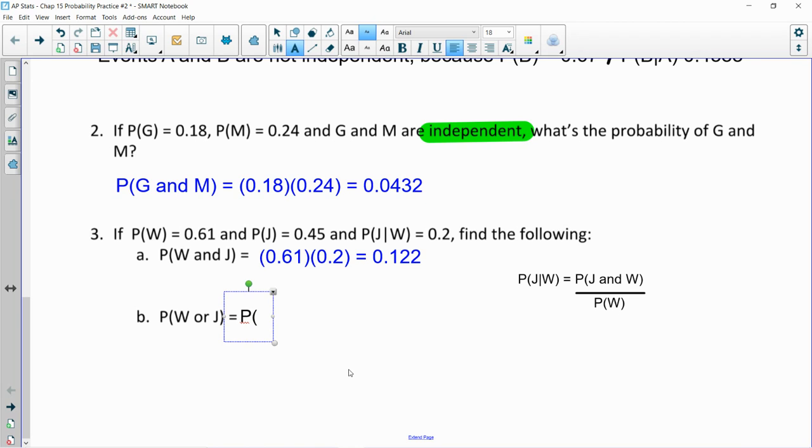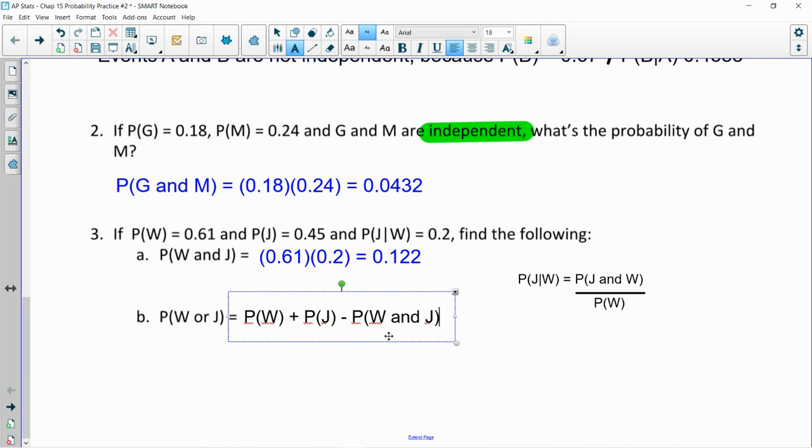It's the probability of the first event, so it'll be W, since W comes first here, plus, which is traditionally our operator for ORs, the probability of the second event. But then we have to be careful and subtract the probability of both events happening, so the probability of W and J.